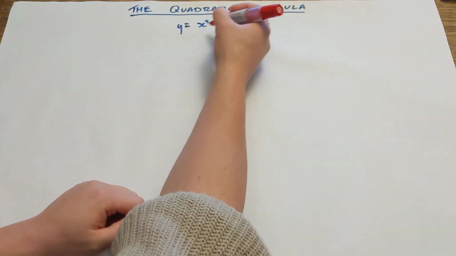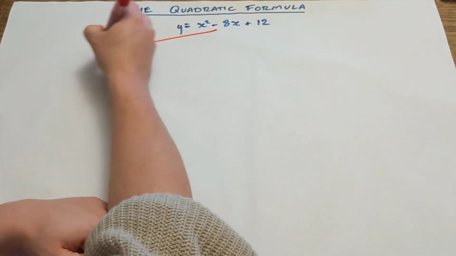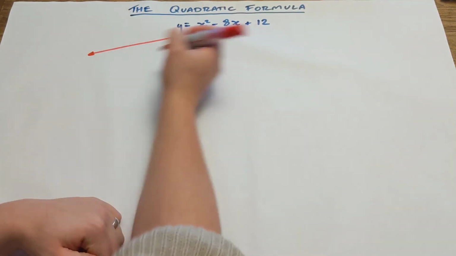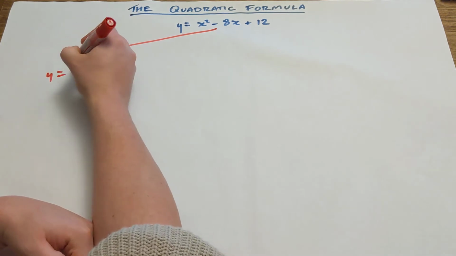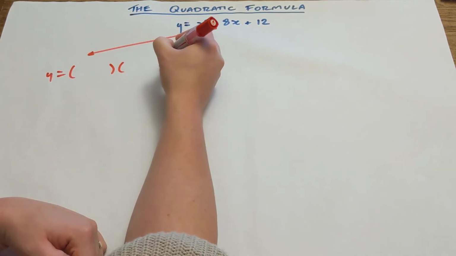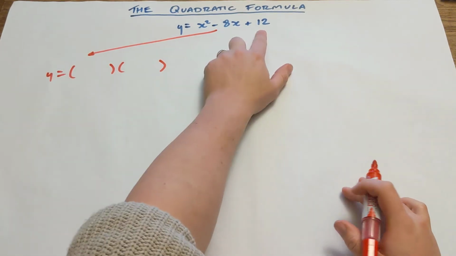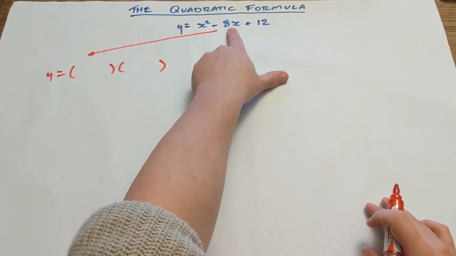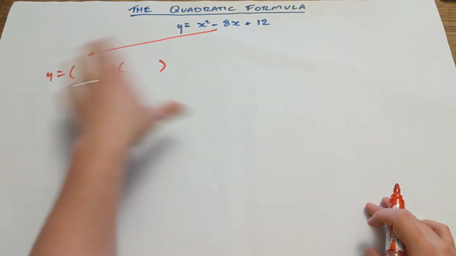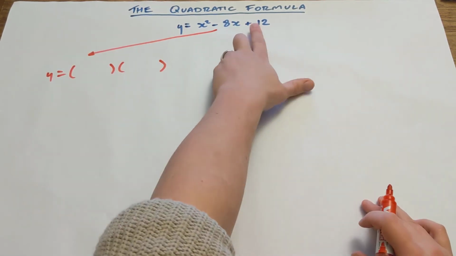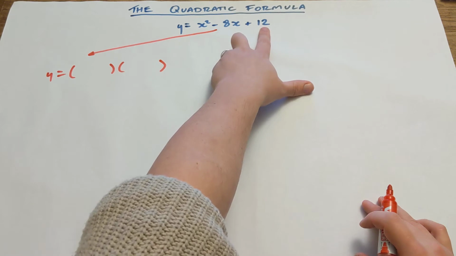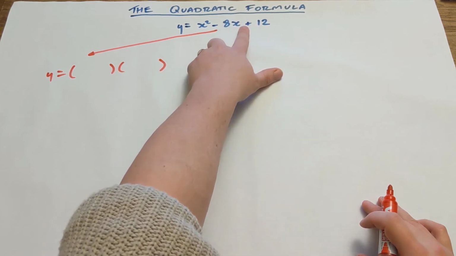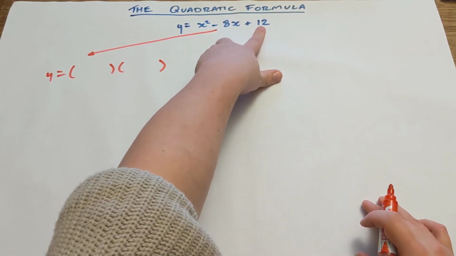So if we factorize this into two brackets, we'd be looking for two numbers that times together to make this last number and add together to make this. Our two numbers that times together to make 12 and add together to make minus 8 will be negative 6 and negative 2.